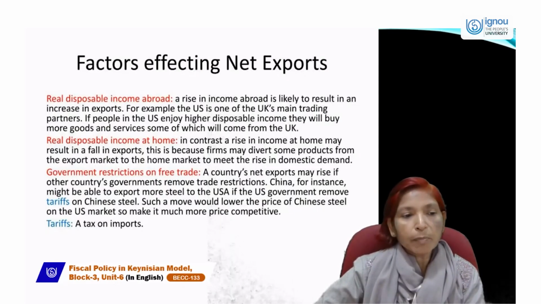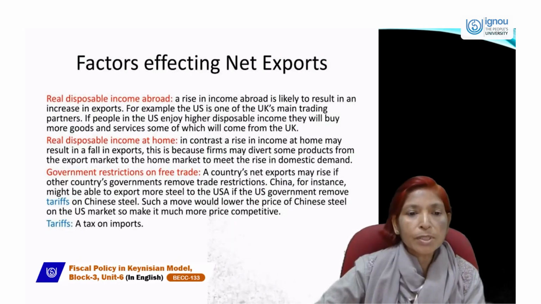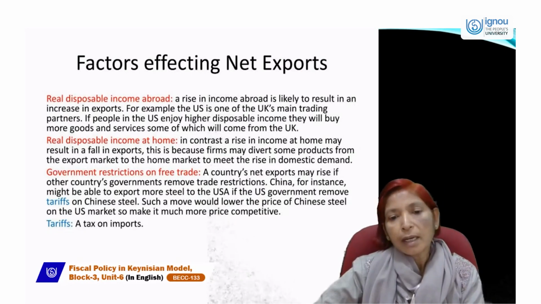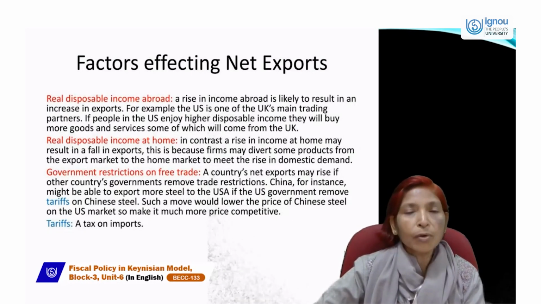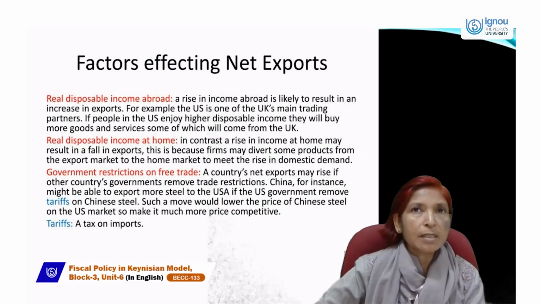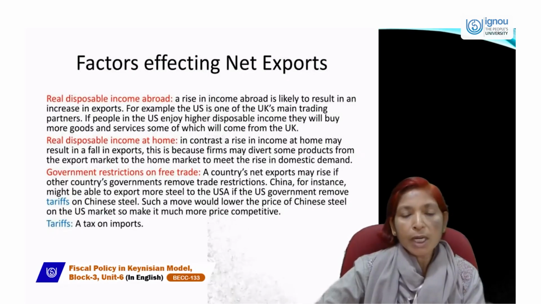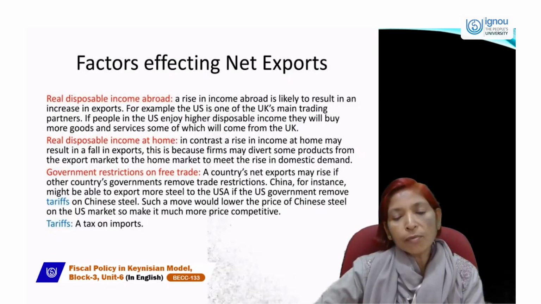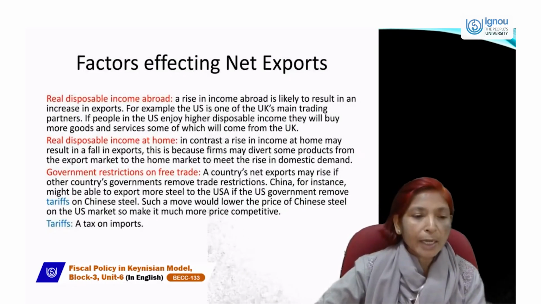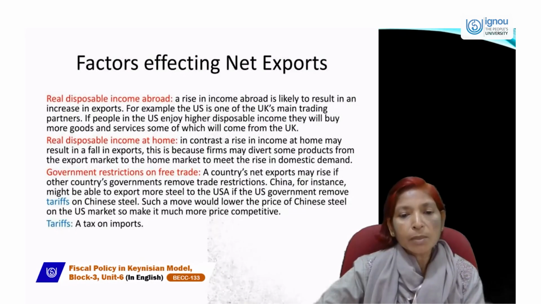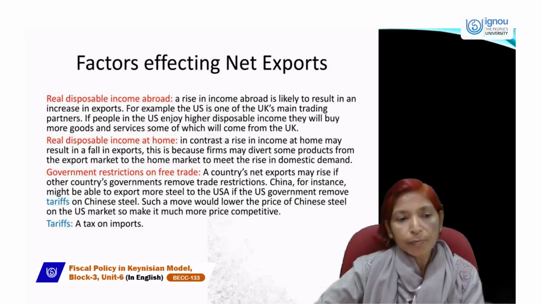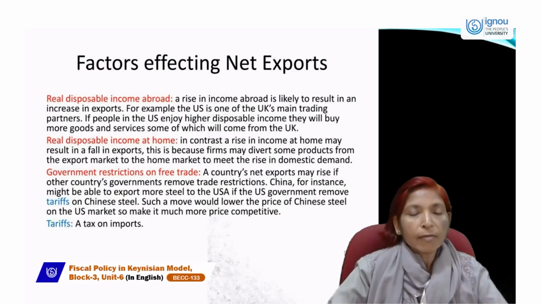For example, China might be able to export more steel to the USA if the US government removes tariffs. Tariffs means import duty on Chinese steel. Such a move would lower the price of Chinese steel on the US market, so make it much more price competitive. So these are the factors affecting net export.